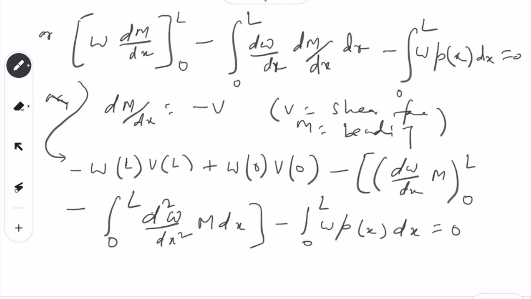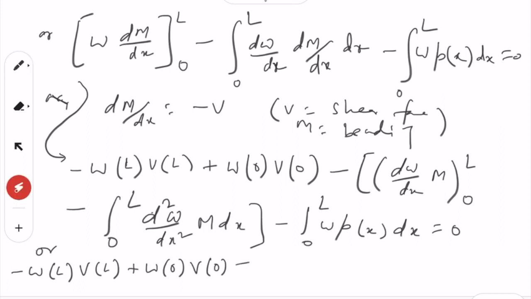Okay. So, we can expand further and what we get, or okay. So, minus w at L, v at L plus w at 0, v at 0 minus, first we get dw over dx and then m. Yeah, so that is one thing.